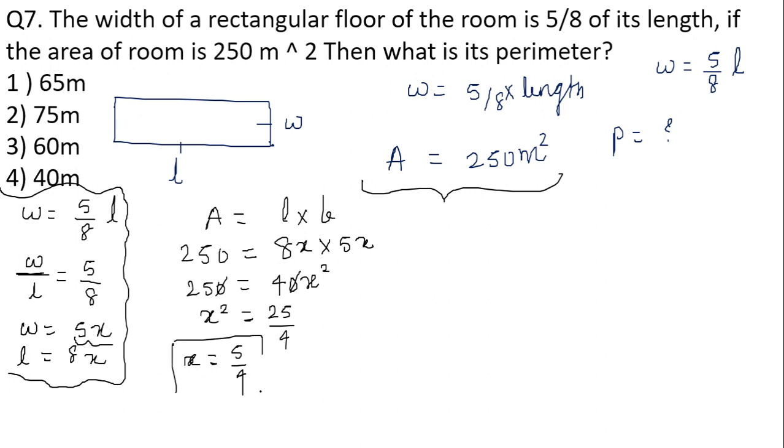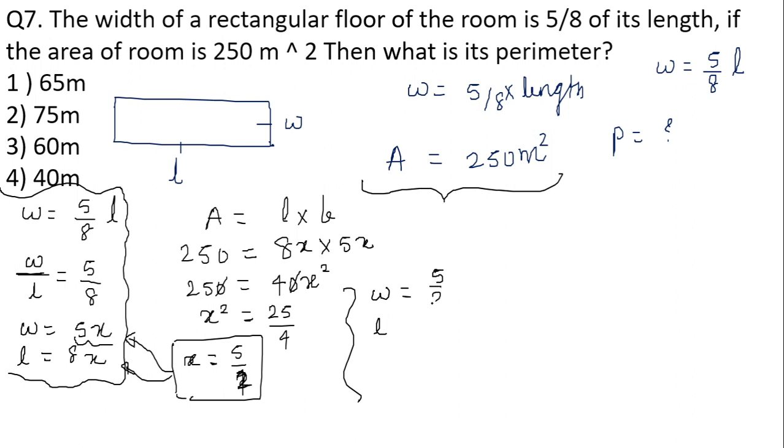I have got the value of x. I'll put this value in the width and length. So width is equal to 5x. This will give me not 5 by 4, this will give me 5 by 2, right? 2 square is 4, so this is giving me 5 by 2.